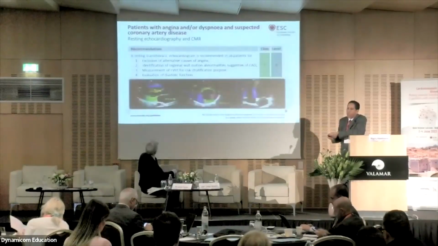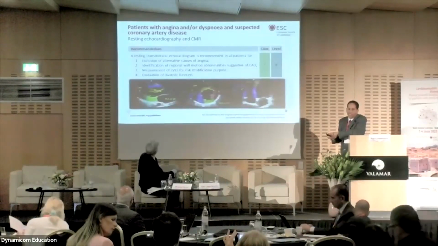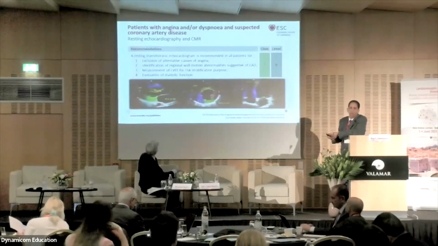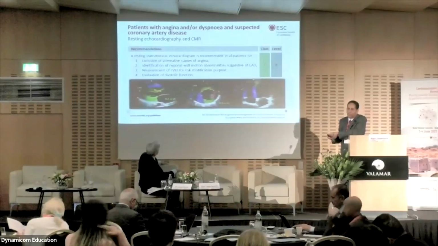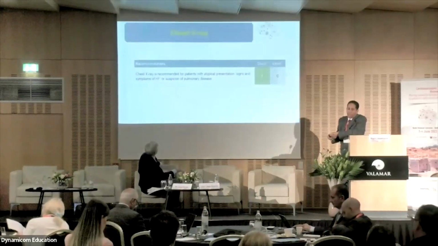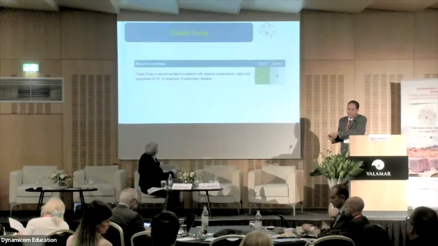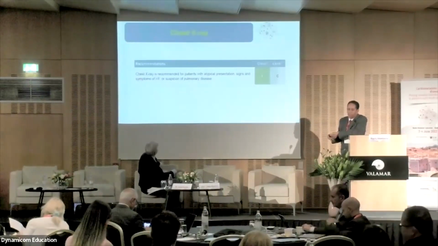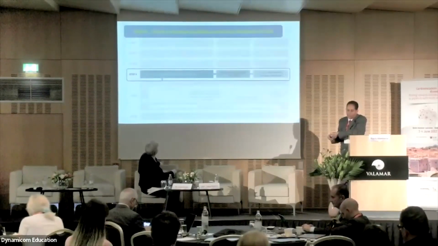Then resting echocardiography, which is important to assess both systolic as well as diastolic function, and to assess for the presence of resting regional motion abnormalities, or to rule out other causes for angina, like aortic stenosis or hypertrophic cardiomyopathy. Chest X-ray is a class 1C recommendation in patients with atypical presentation, signs and symptoms of heart failure, or suspicion of pulmonary disease.